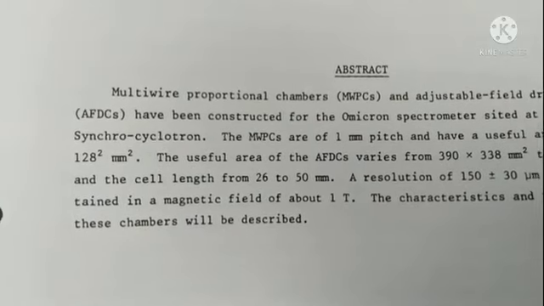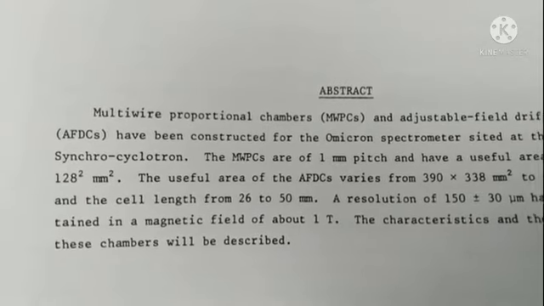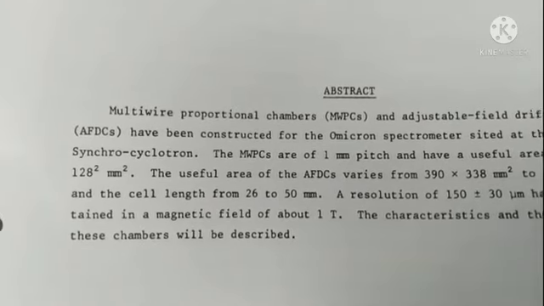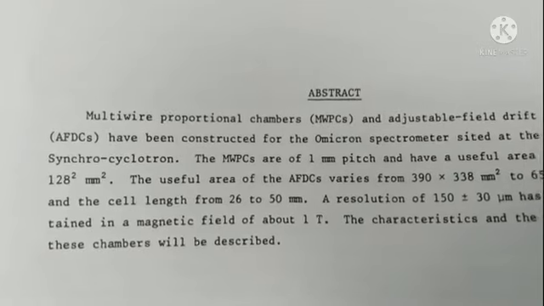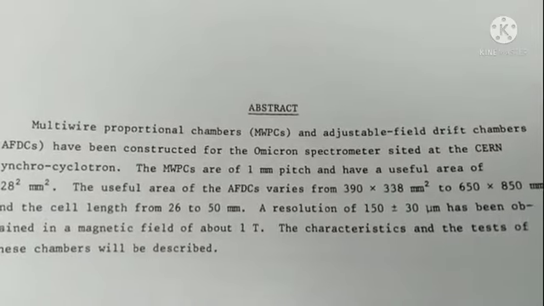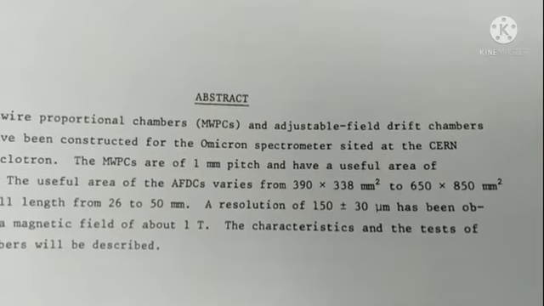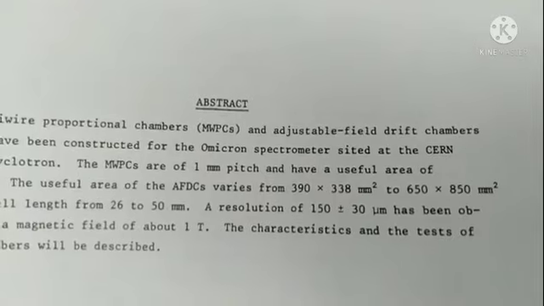The MWPCs are of 1 millimeter pitch and have a useful area of 128 millimeters. So the 5G, if you follow me, is used with millimeter waves, or however you say that.